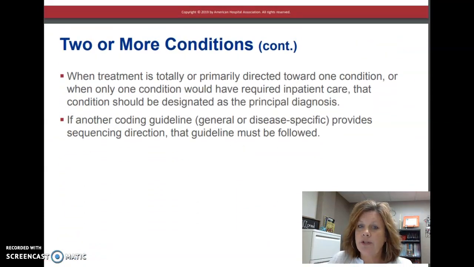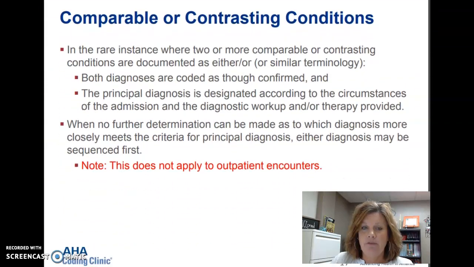When treatment is totally or primarily directed towards one condition, or when the one condition would have required an inpatient admission, the condition should be designated as your principal diagnosis. If you have comparable or contrasting conditions, both diagnoses should be coded as confirmed. Again, your principal diagnosis is according to the circumstance of admission.